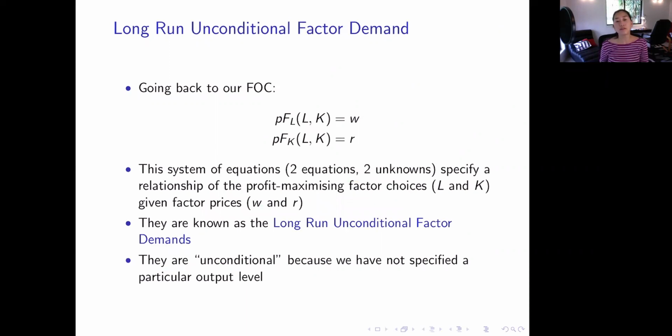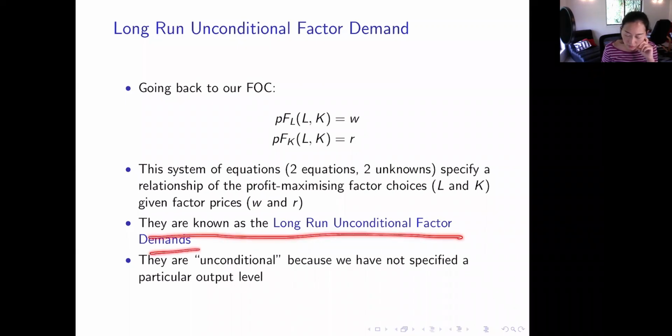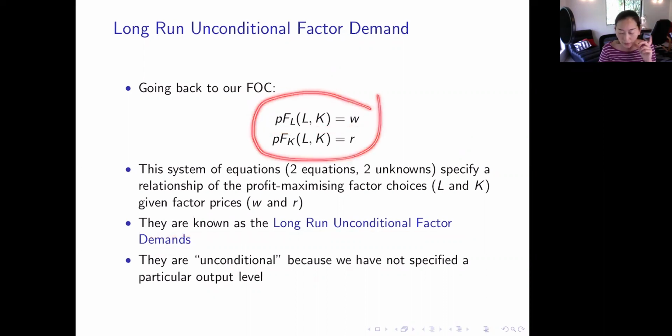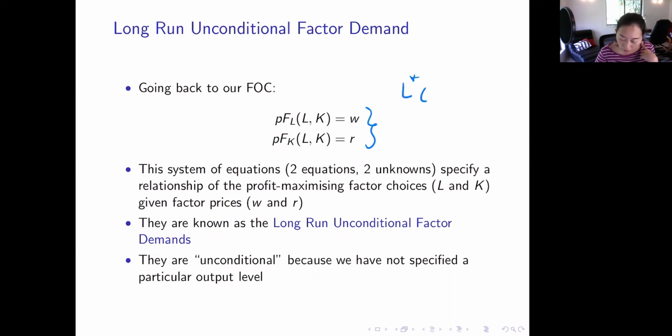So going back to our FOC, these are two equations. This system of two equations in two unknowns specifies a relationship of the profit maximizing factor choices, L and K, given factor prices W and R, and they are known as the long-run unconditional factor demands, right? So if you solve this system of equations, you will get L star as a function of W, R, and P, and also K star as a function of W, R, and P, right?